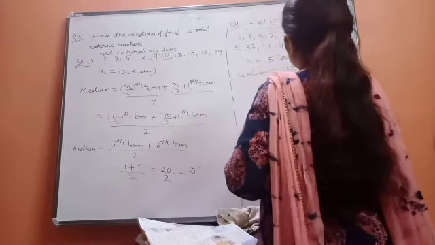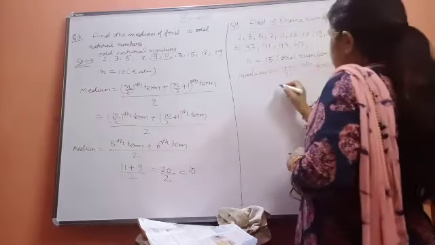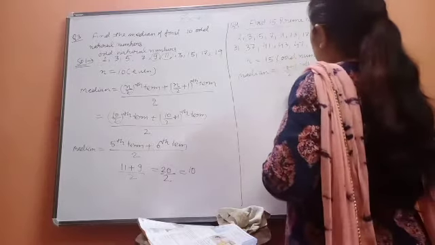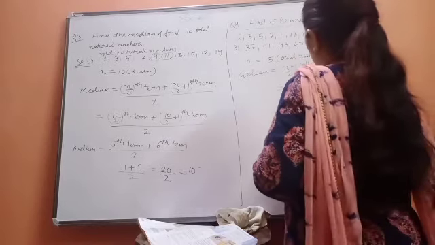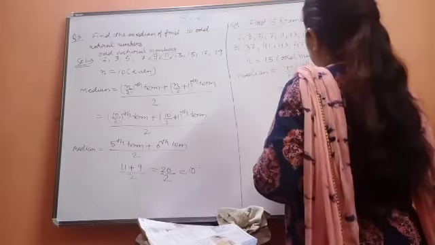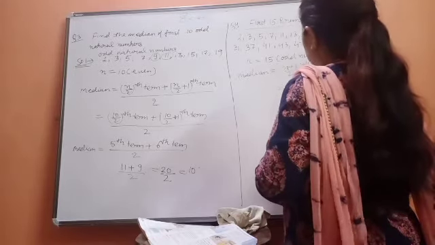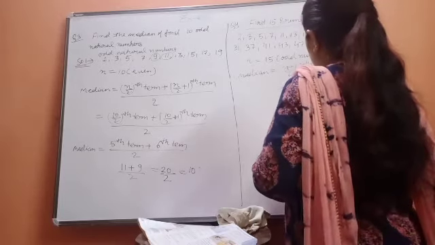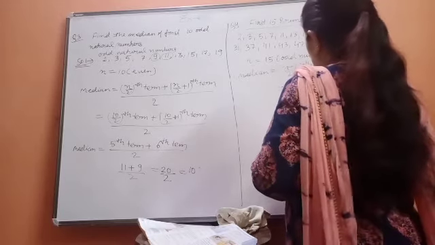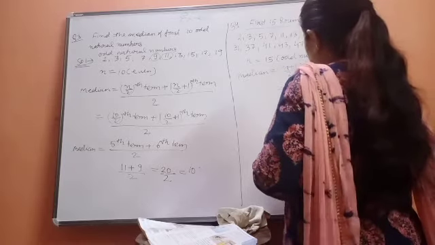This will be the median. So n means 15, plus 1, 16, upon 2, 8th term. Always write the th term. So it will be the 8th term.